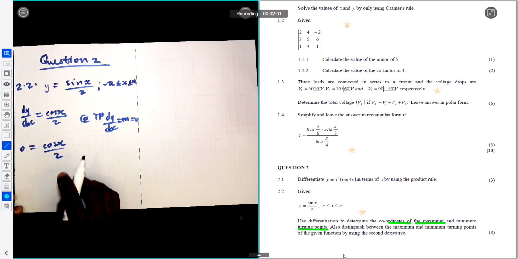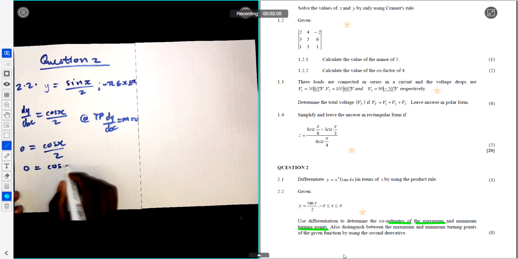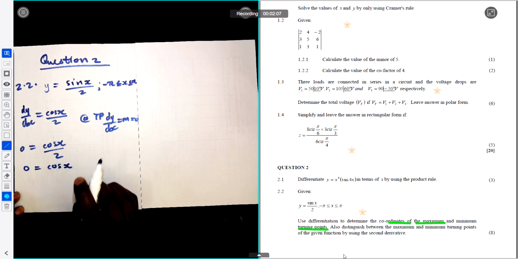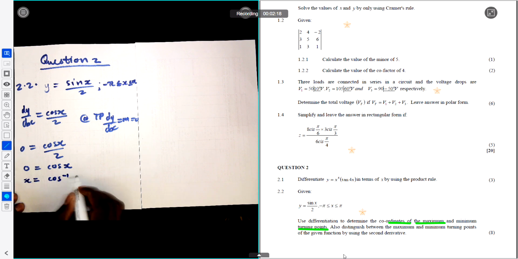Therefore let us solve for x. Multiply on both sides by 2, we'll have cos x equals 0. Now when we want to solve for x, we have to apply arc cos on both sides of the equation. So x is equal to arc cos 0.